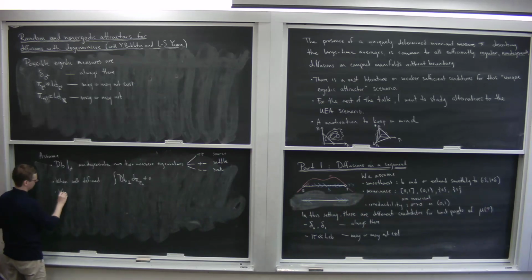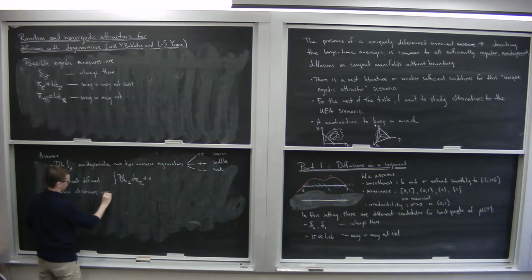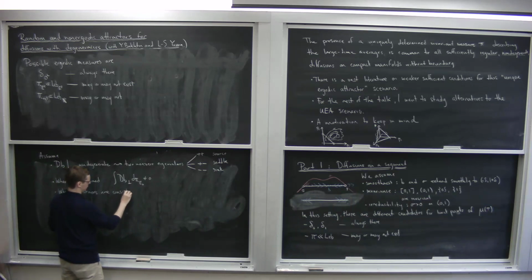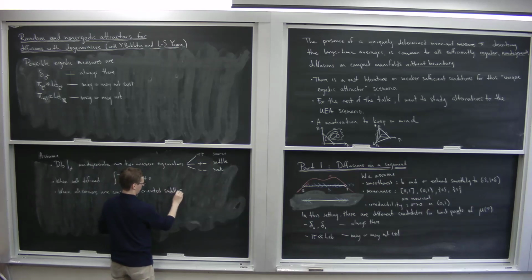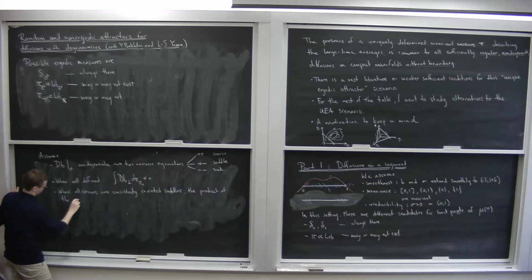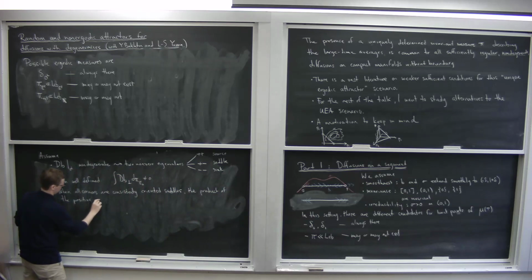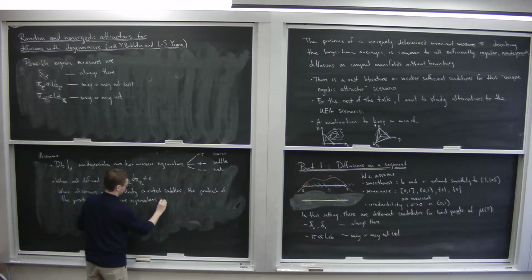The other one is when all corners are consistently oriented saddles, the product of the positive and negative eigenvalues are not equal.